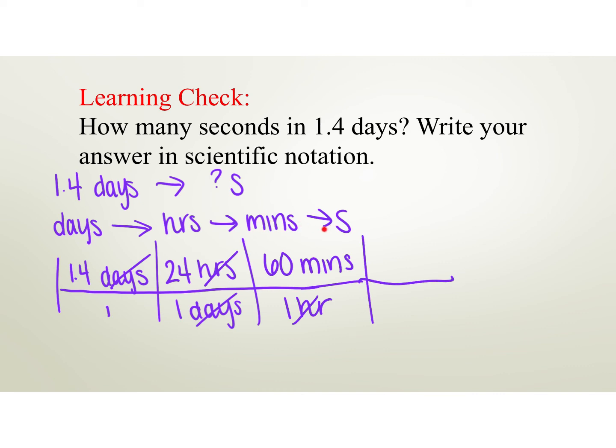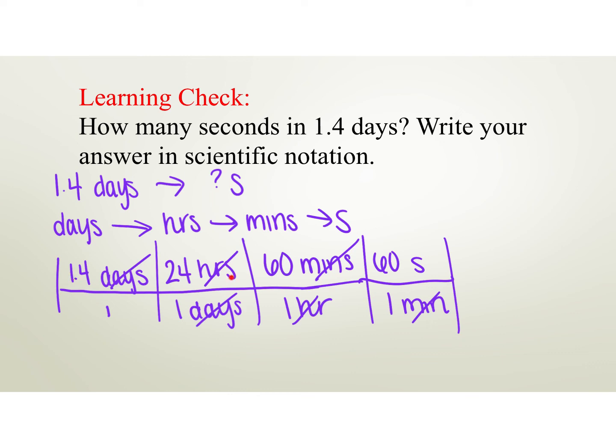How many seconds are in a minute? 60. Okay, what unit has to go in the bottom here? Minutes. Okay, so I'm going to write for every 1 minute, there's 60 seconds. Okay. So then minutes cancel. My only unit that doesn't cancel is seconds. And does that match the unit you want your final answer to be in? Okay, that's how you check. That's how you know you're finished.